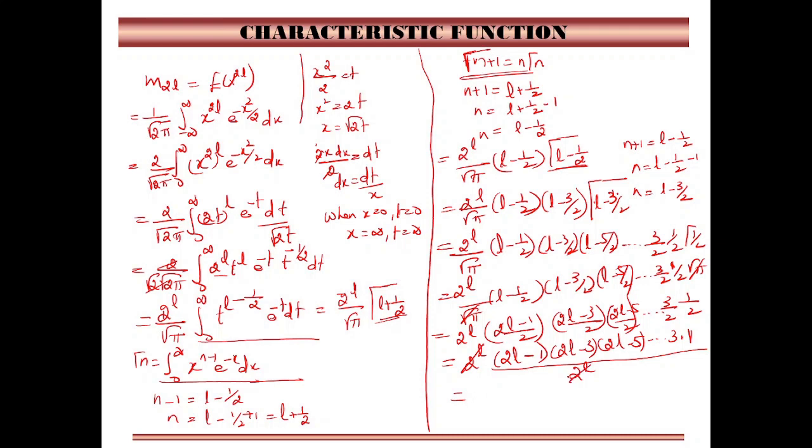This 2 power l will get cancelled. Therefore, it is 1 into 3 into 5 and so on, 2l minus 3 and 2l minus 1. So therefore, all the even order moments are expressed by 1 into 3 into 5 etc. 2l minus 3 into 2l minus 1.